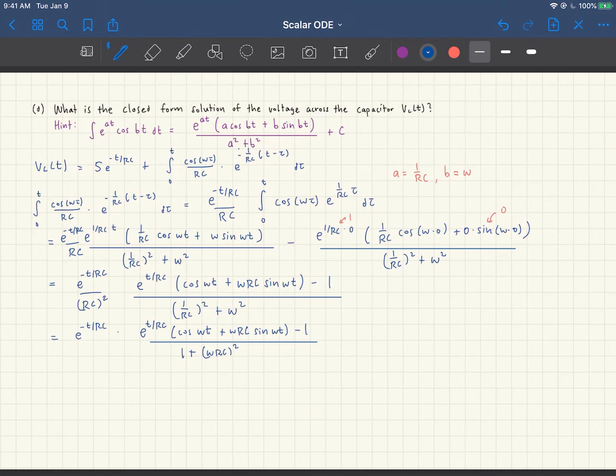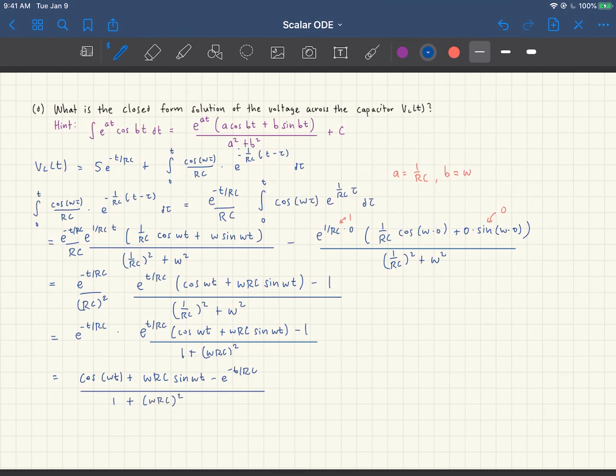Lastly, we can bring in the e to the minus t over RC inside, so we'll get cosine of omega t plus omega RC sine of omega t minus e to the minus t over RC, all over 1 plus omega RC squared.